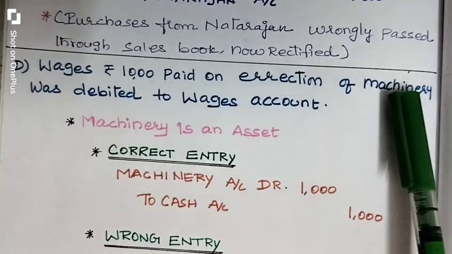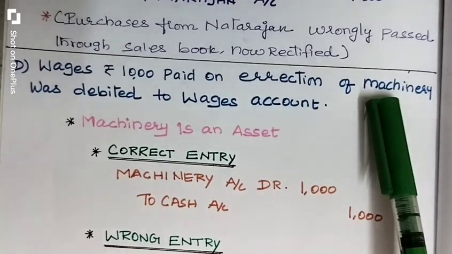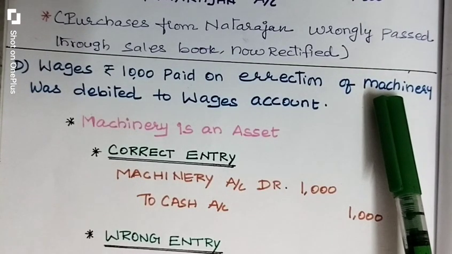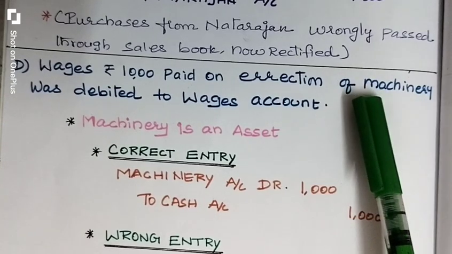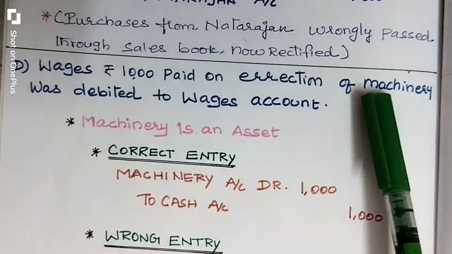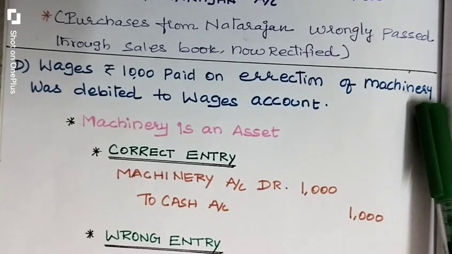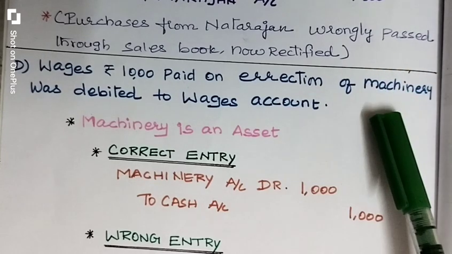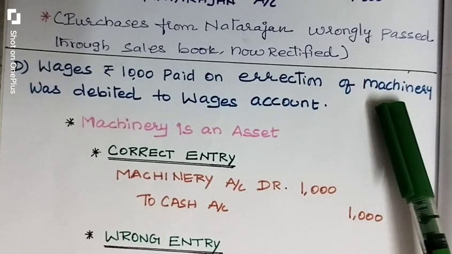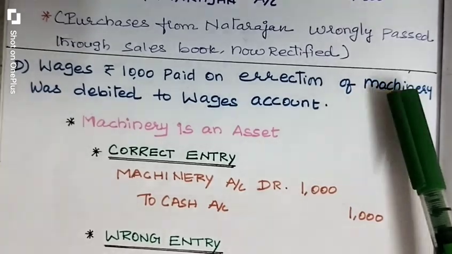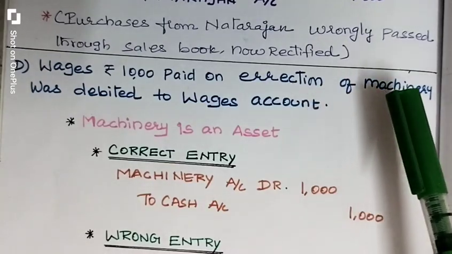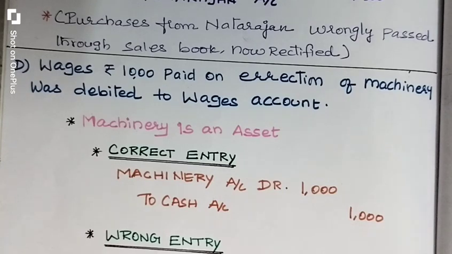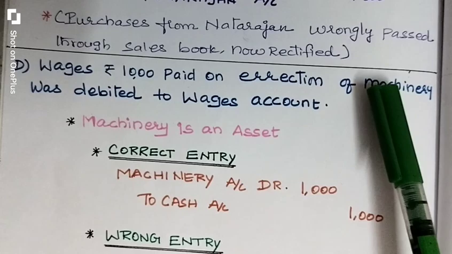When you purchase new machinery from the manufacturing company and bring it to your company, you spend lots of expenses like wages, transportation expenses, carriage expenses, and erection or installation expenses of the machinery.